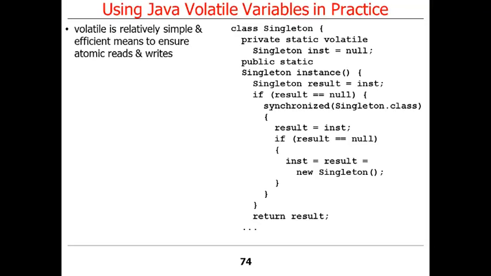But there's a problem here. Can anybody spot the problem of the singleton when we get into multi-threaded situations? What could go wrong? Two threads might be inside the if at the same time. Right.